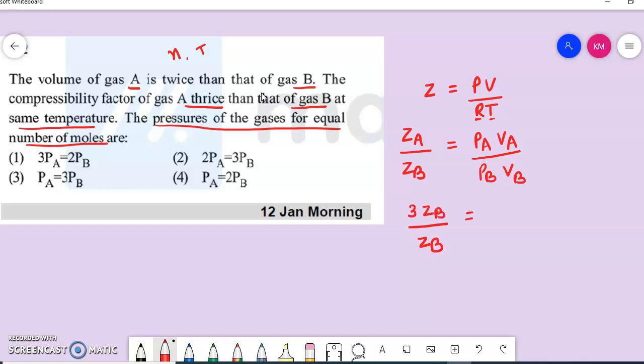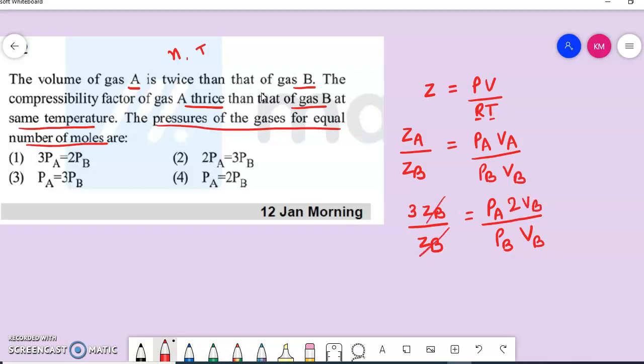And we have to find the pressures, PA upon PB. Volume of gas A is twice that of gas B. Suppose the volume is VB, then VA will be 2VB, right guys?